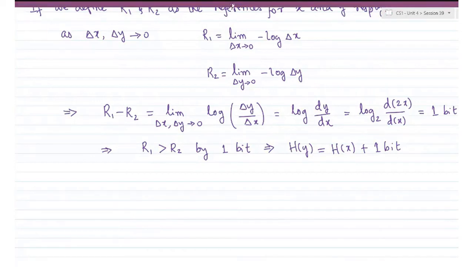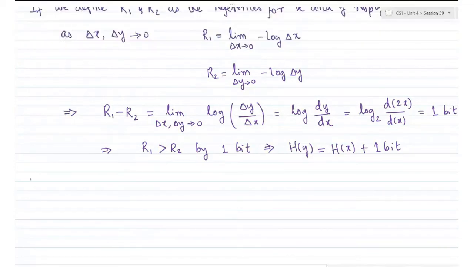All right, so similar to discrete random variables, we can find out the maximum entropy for a continuous channel.